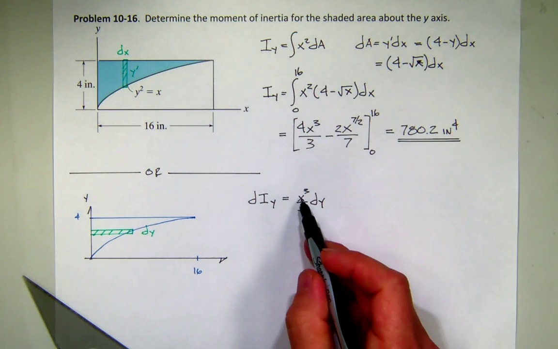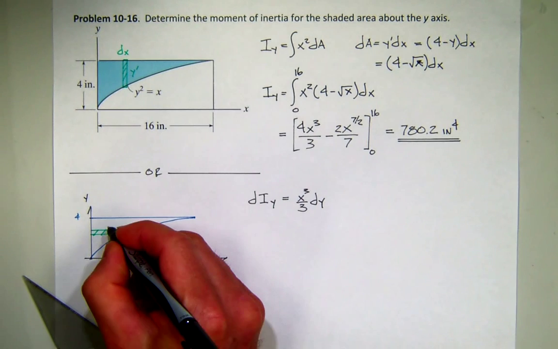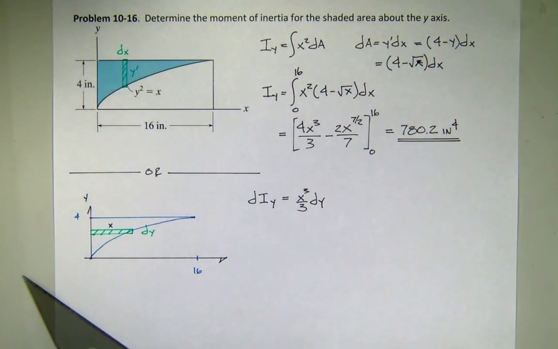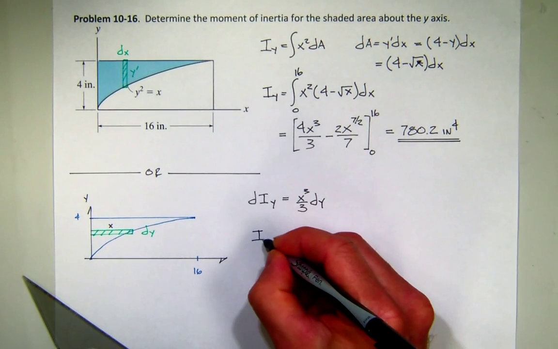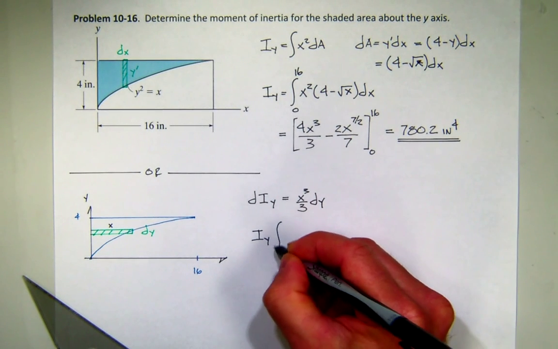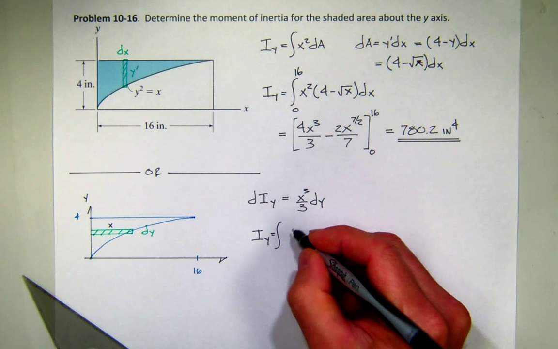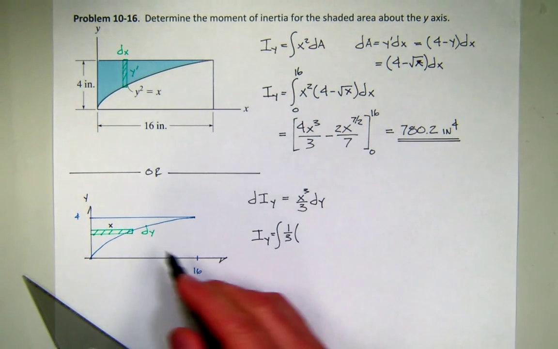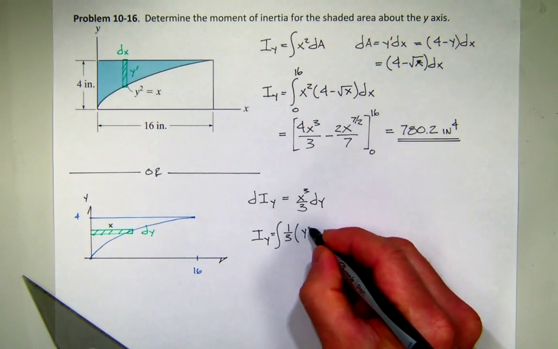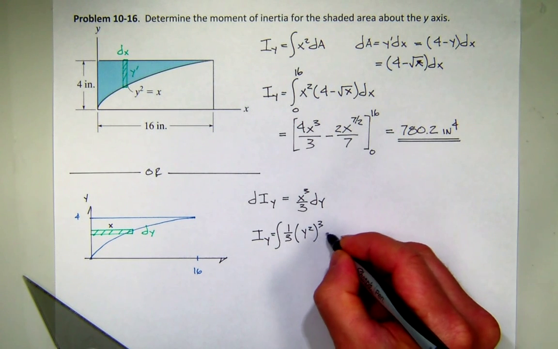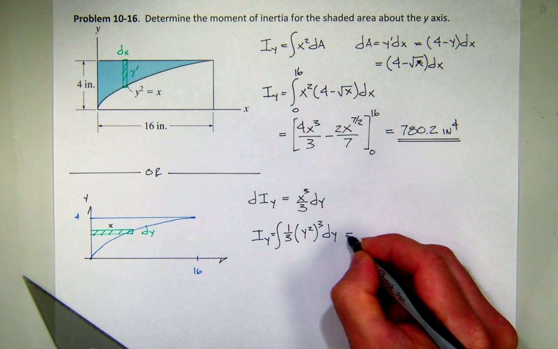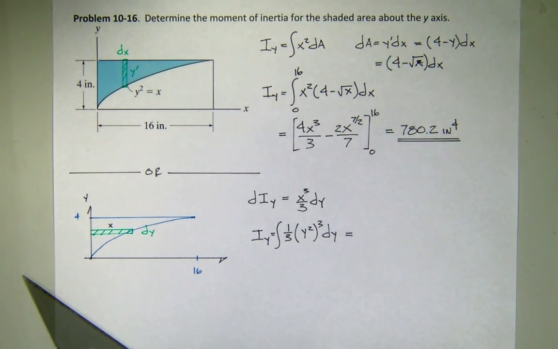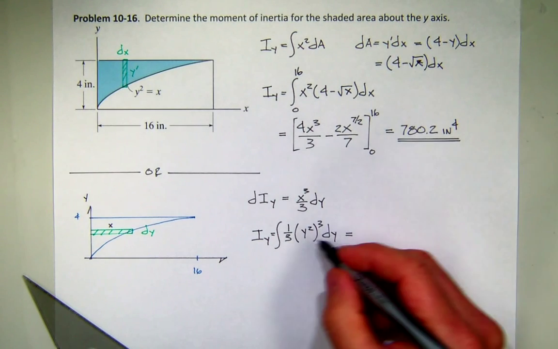So I just need to know x, and x is just y squared, right? So our integral will be, I'll put the 1/3 here so I won't bother with it. So I have x cubed, and x is y squared cubed dy. So that's just y to the 6.